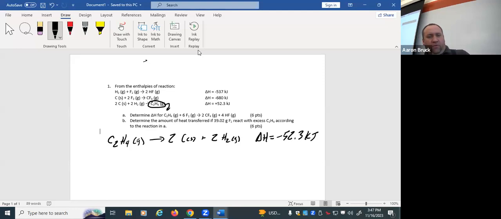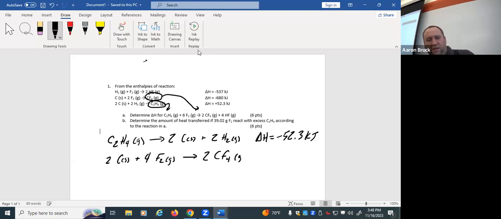Right? So I move on to CF4. I can see CF4 is a product in this reaction here, and I need it as a product in the target reaction, but I also need 2 CF4s, and right now the reaction's only giving me 1. So I've got to manipulate the equation also. I've got to double everything. So 2 carbons and 4 fluorines make 2 carbon tetrafluorides.